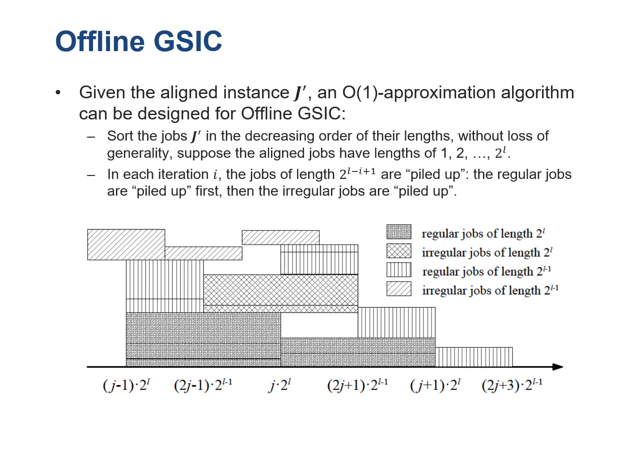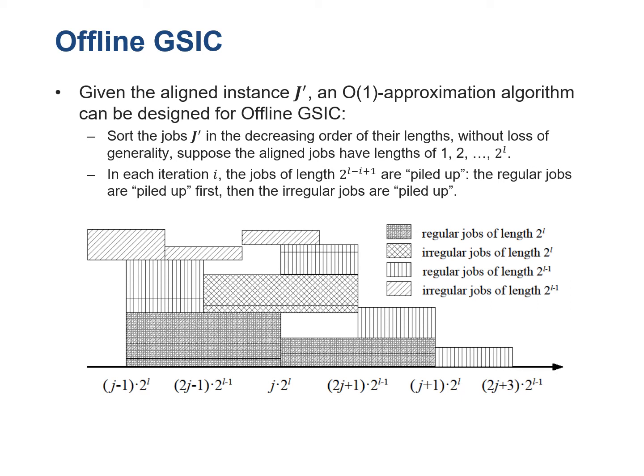We first talk about the offline generalized Skyline interval coloring. Our strategy is to schedule all the aligned jobs in decreasing order of their lengths. That is, we first pile up the longest regular jobs, and then we pile up all the longest irregular jobs. After that, we shall pile up the second longest regular jobs, and so on.